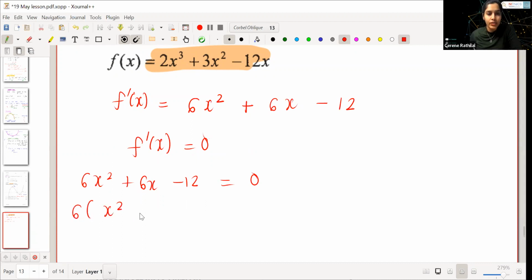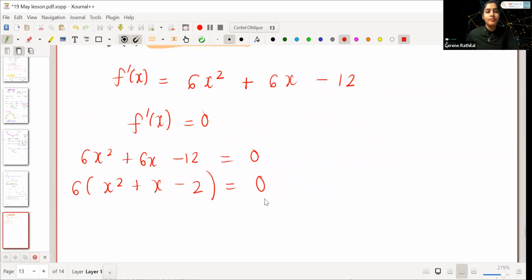So I'm left with x squared plus x minus 2. And then we can further factorize this. So I can write down 2 factors, x plus 2 and x minus 1.